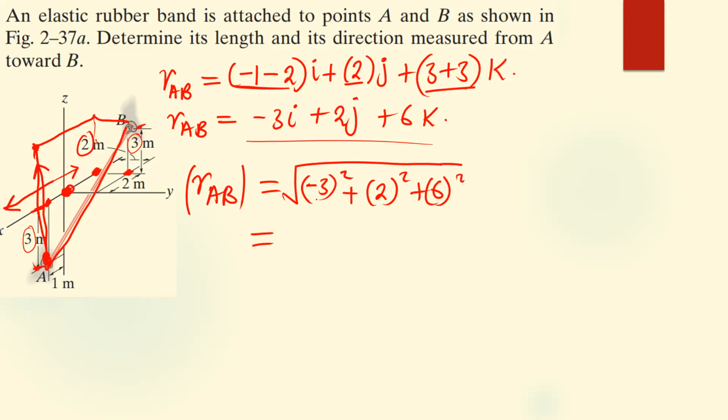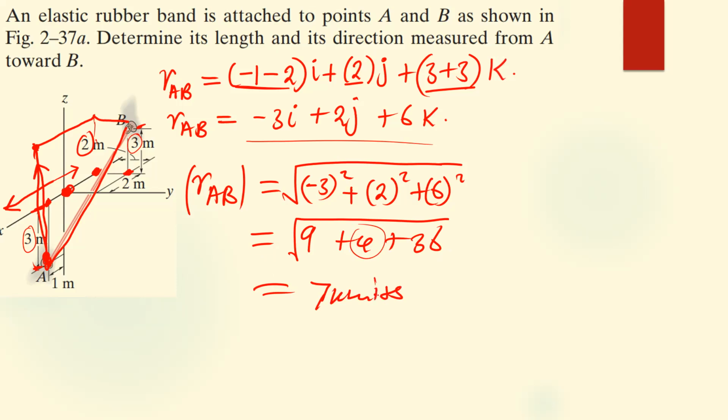So we're going to have 9 plus 4 plus 36. 36 plus 9 gives us 45, plus 4 gives us 49. The square root of 49 gives us 7. So 7 units is the magnitude of RAB.